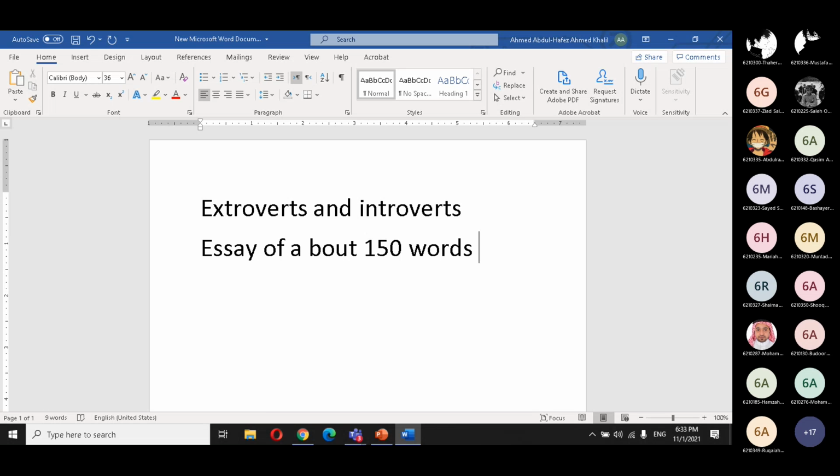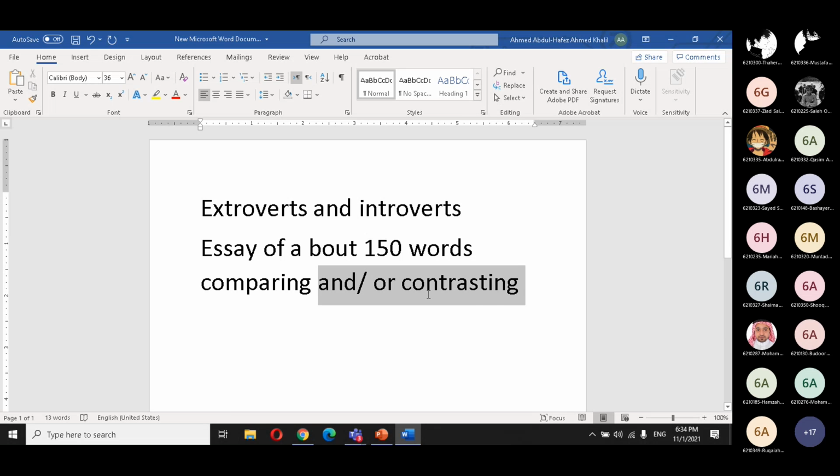I write this: comparing and or contrasting. What do we mean by and or contrasting?